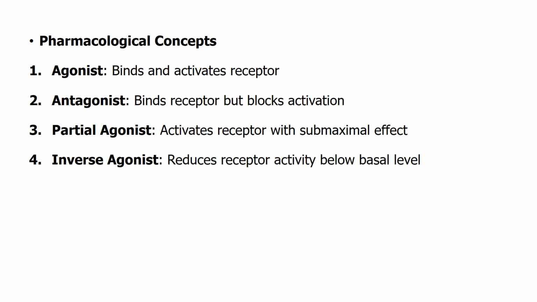We also learned some basic concepts like agonist, which binds and activates receptors, antagonists, which bind receptors but block activation, partial agonists, which activate receptors with submaximal effects, while reverse agonist induces receptor activity below basal level.